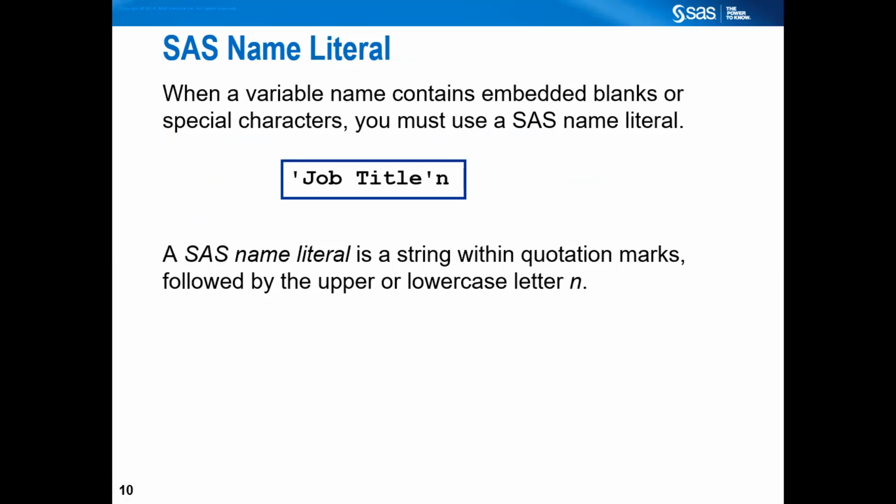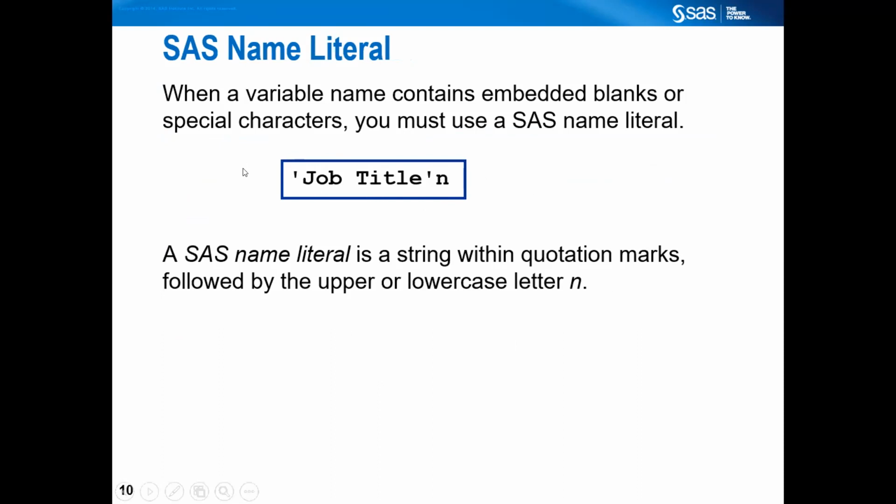We would have had to give the column names in quotes with an N literal. This N literal indicates to SAS that though it is a non-standard column name, it should still process it, so it takes care of special signs.